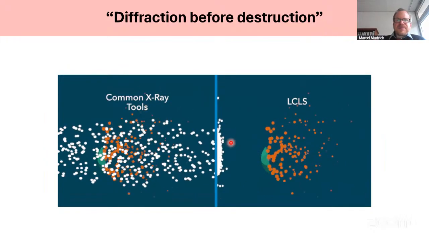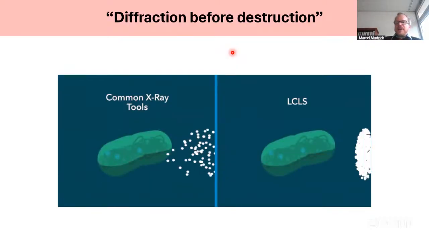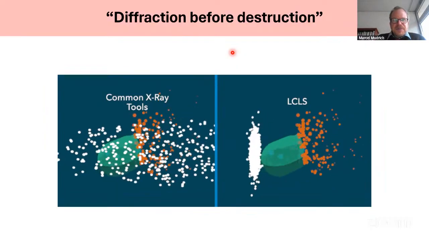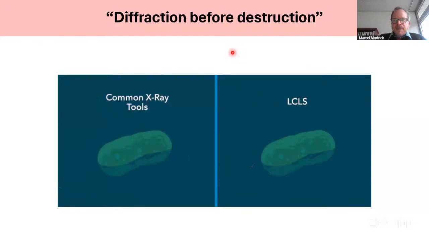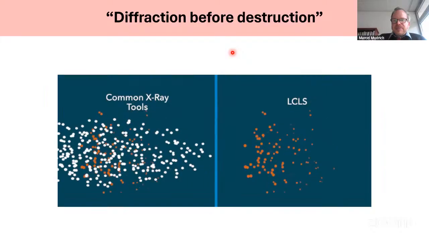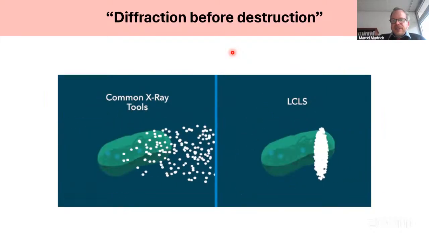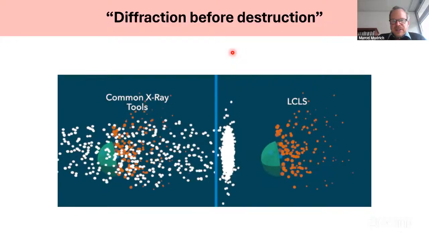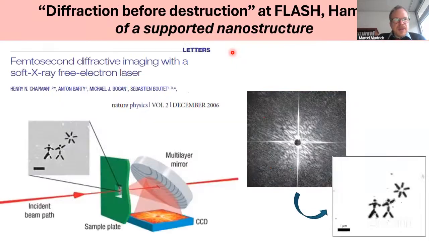So this is one way of addressing this issue of diffraction before destruction. You have to make sure that the light interacts with the intact sample before it gets destroyed by ionization and Coulomb explosion. But before X-ray diffraction before destruction at LCLS, it all started with the first soft X-ray free electron laser, which was the first of all.